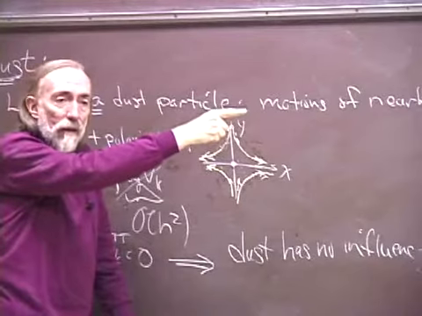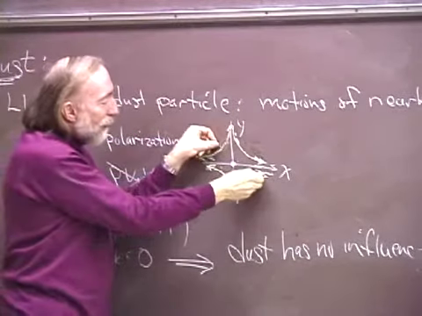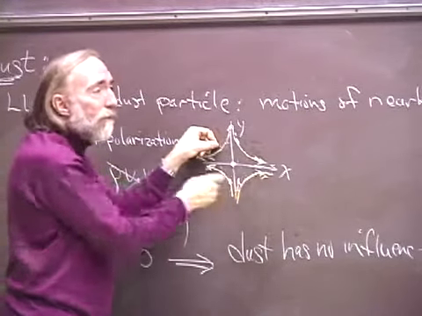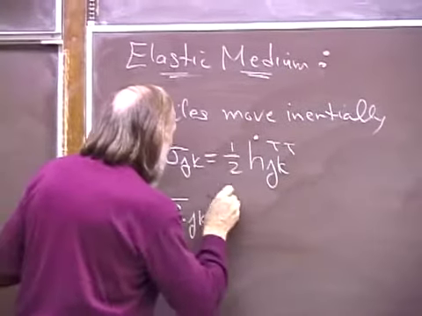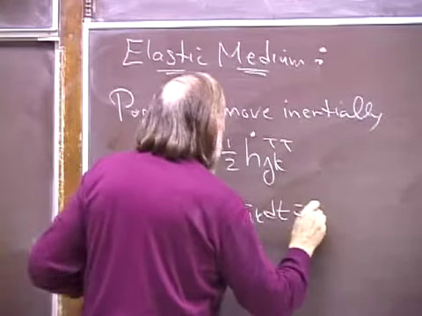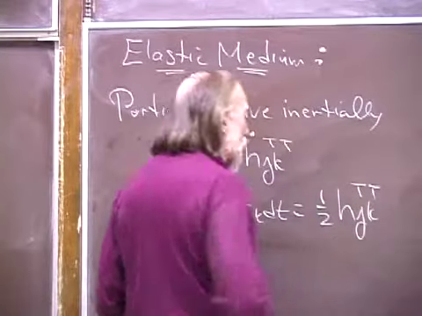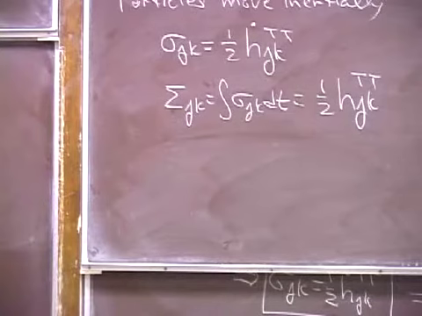Any relative displacement is resisted: move a little bit and hold it, and there's a restoring force trying to push back. So this shear, as opposed to the rate of shear, is the time integral of the rate of shear, and so it is 1/2 hjk transverse traceless with no time derivatives on it. This is the thing to which there is resistance.